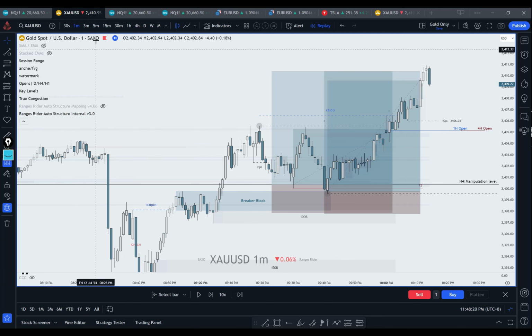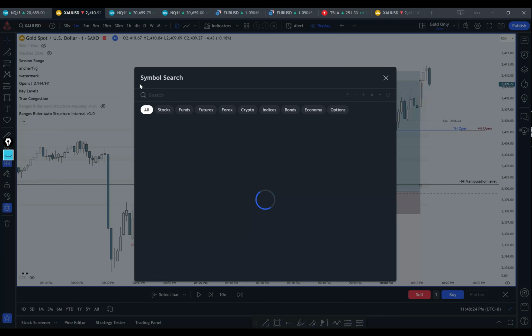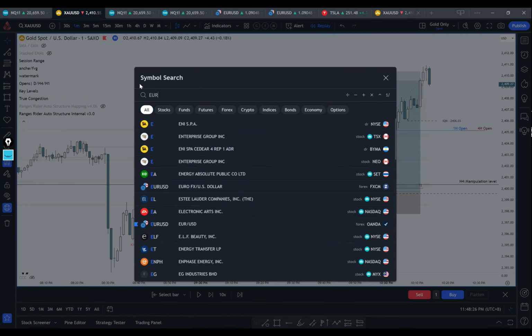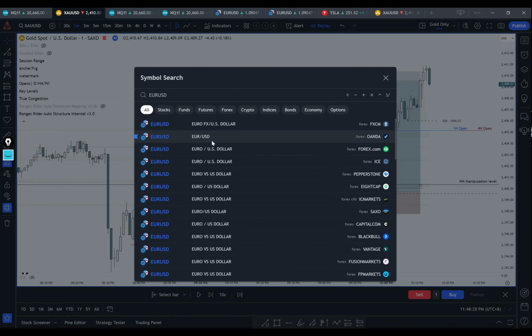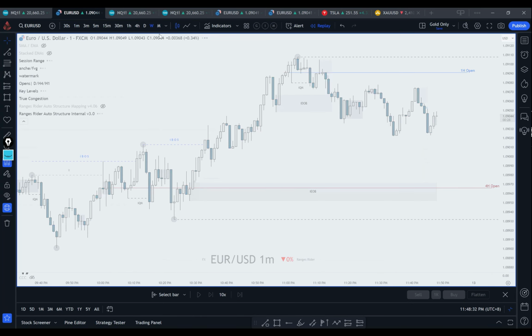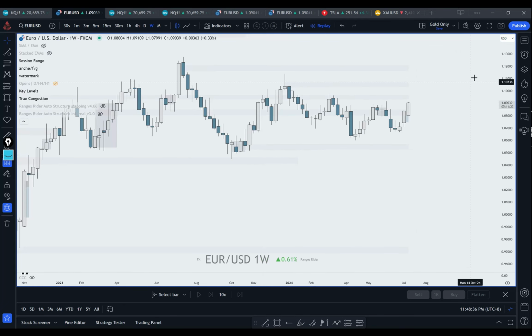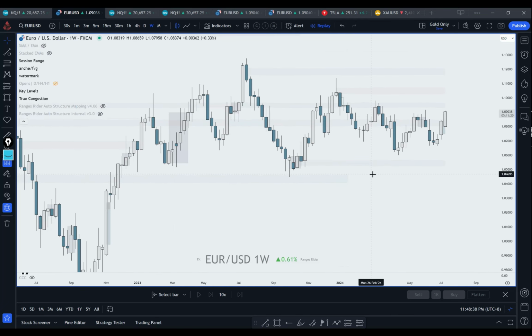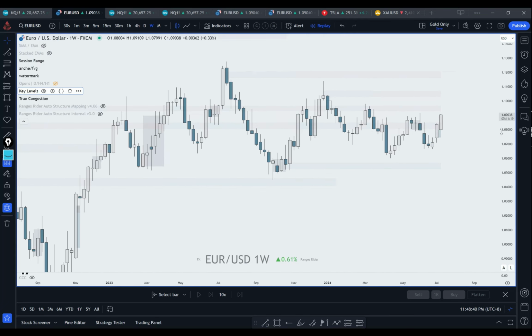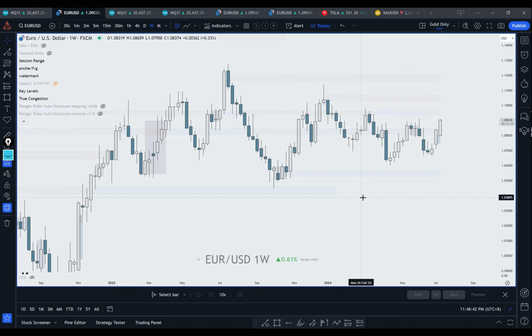For example, look here, euro US dollar. Look here. What is this range?